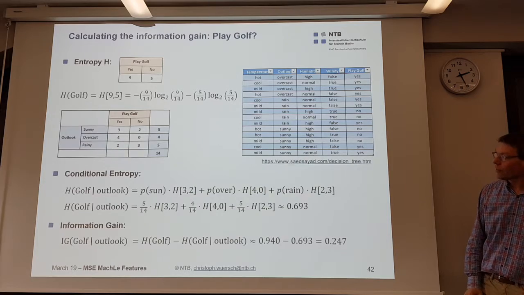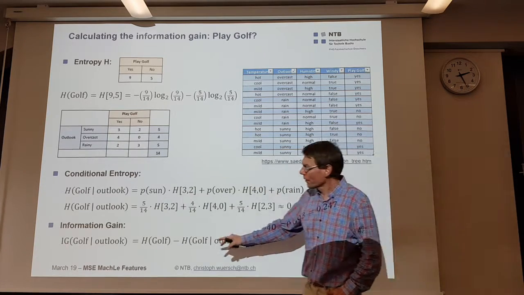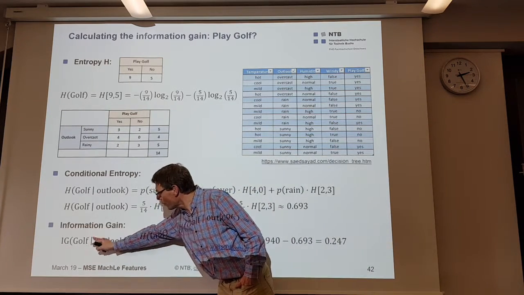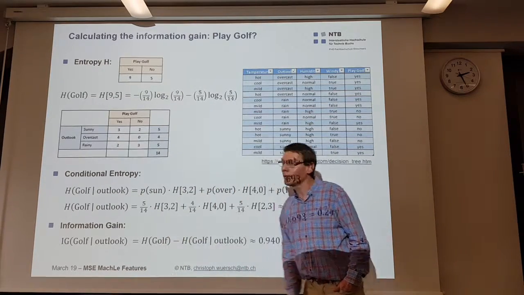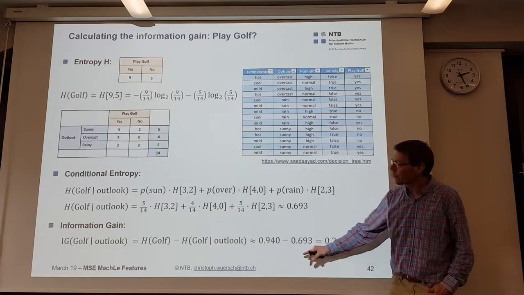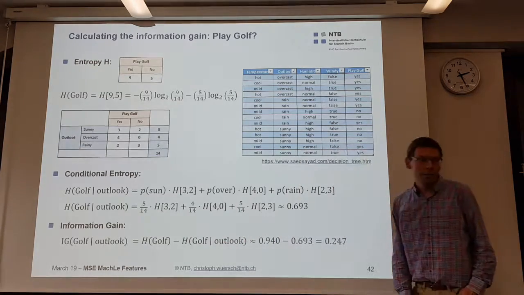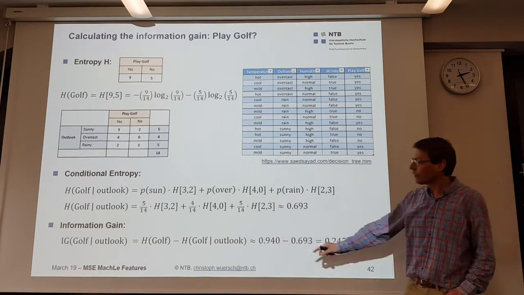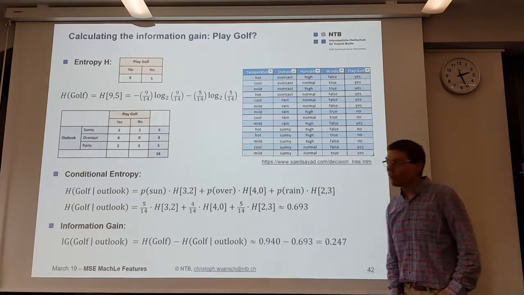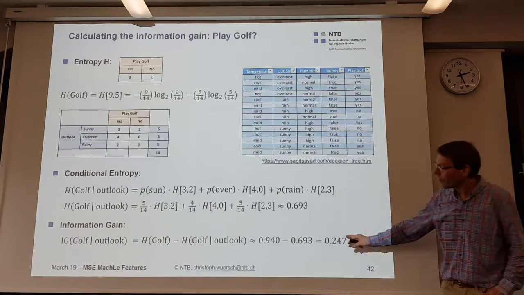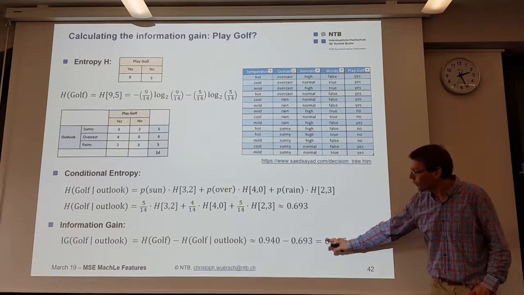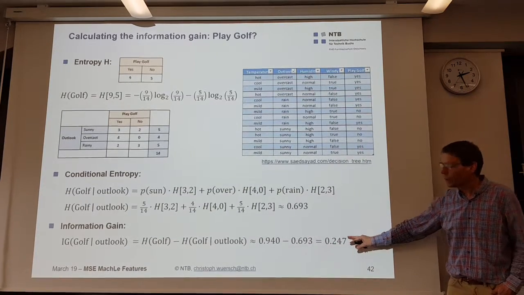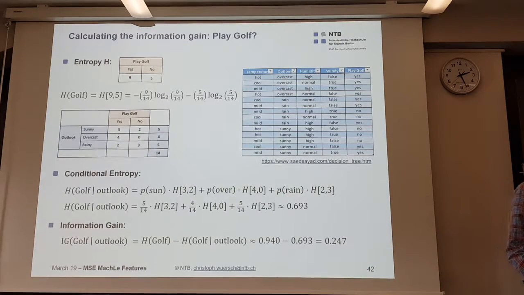Now the information gain is here. Information gain, should we play golf given the outlook, is the entropy of playing golf overall minus the conditional entropy that we play golf given that feature, outlook. And what we do is we do such a calculation for every feature and select the feature to branch now which gives the highest information gain.